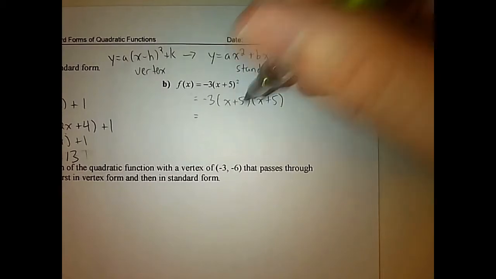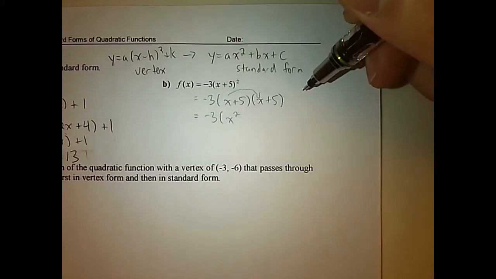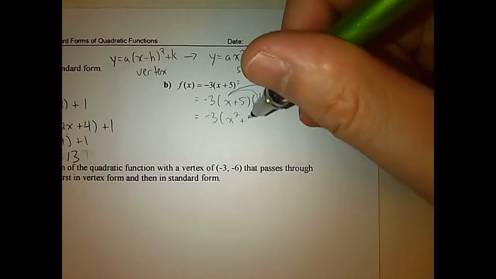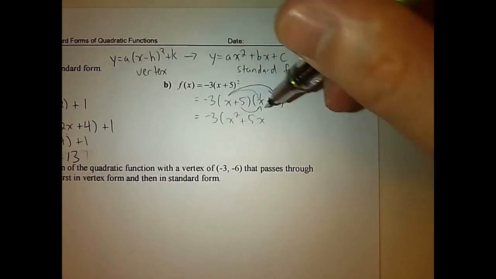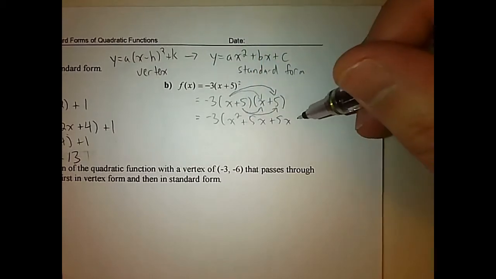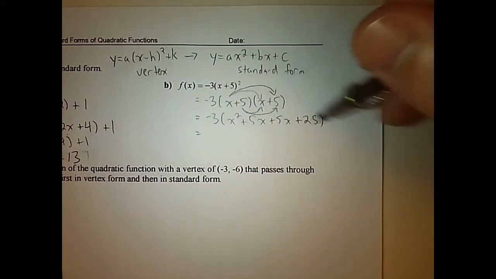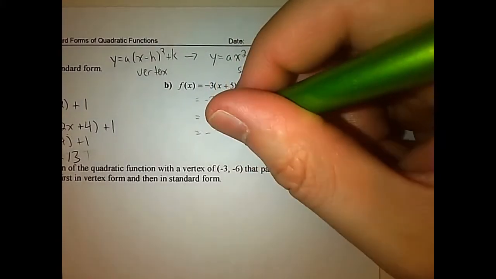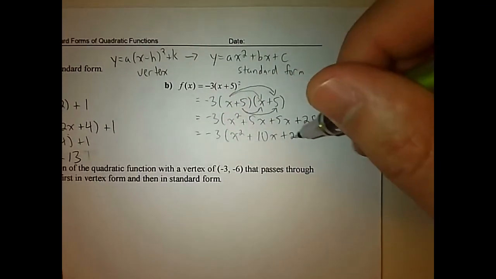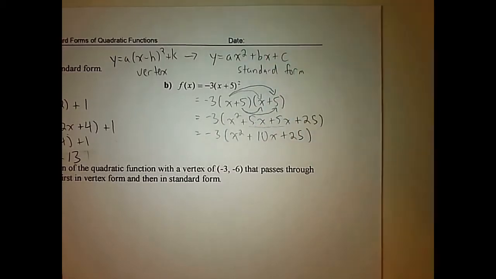So I'm going to do my foiling here. First, x times x is x squared. Outer ones, x times 5, 5x. Inner ones, plus 5 times x. And the last ones in the brackets, plus 25. Nothing on the outside this time. k is equal to 0. So I'm just going to keep simplifying. I know that 5x and 5x gives me 10x by collecting my like terms.